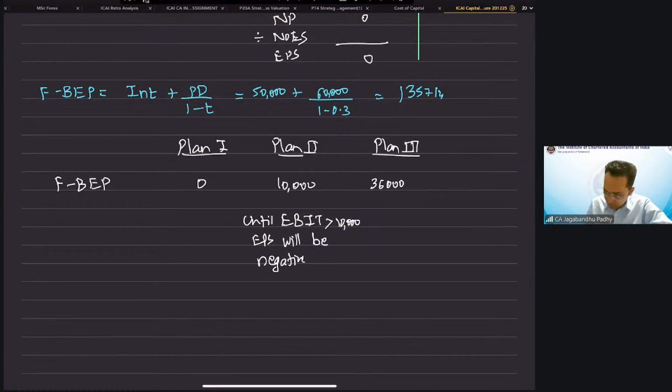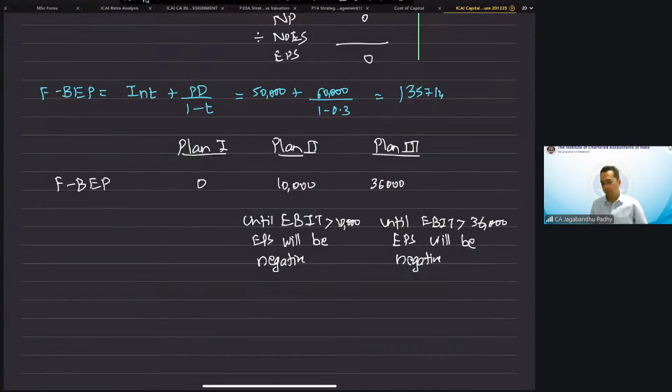And in plan 3, until EBIT is greater than 36,000, EPS will be negative.